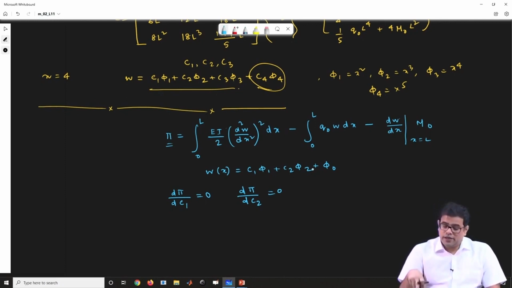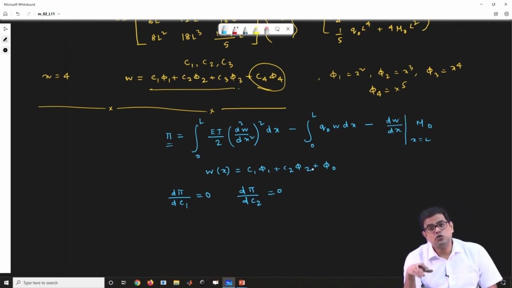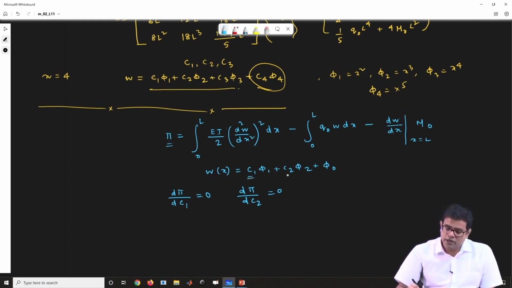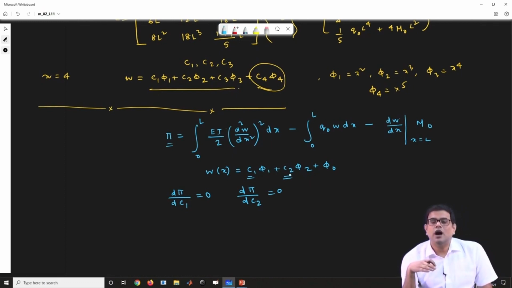This will actually result in the same equation. So instead of using the weak form, I can also choose the potential energy functional and minimize it with respect to the Ritz coefficients, or the constants C1 and C2. This will lead to the same solution, because we have proved that if the bilinear form is symmetric, then we can also construct its quadratic functional.